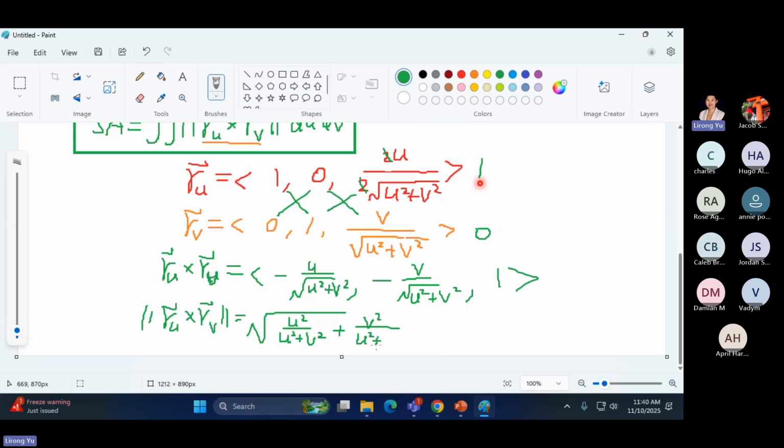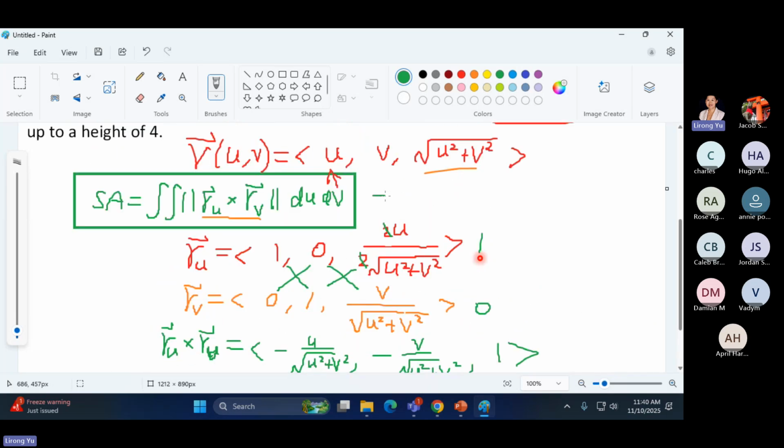When you square negative quantities, they become positive. The last one, we have 1 squared, so this whole thing, with a common denominator of u squared plus v squared, is u squared plus v squared over u squared plus v squared, which is 1. 1 plus 1 is 2, so this is really root 2. So we're going to get a double integral of root 2 du dv.